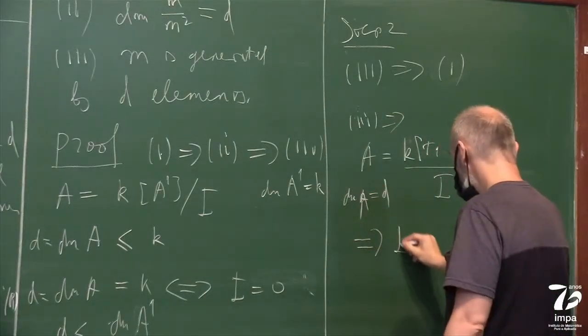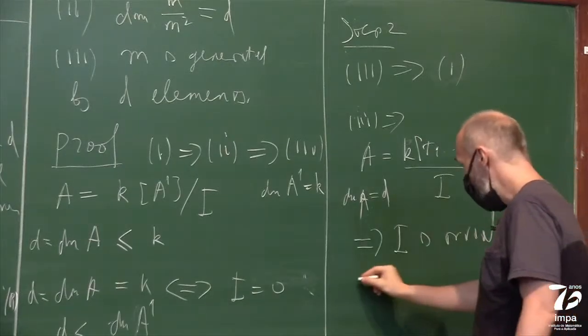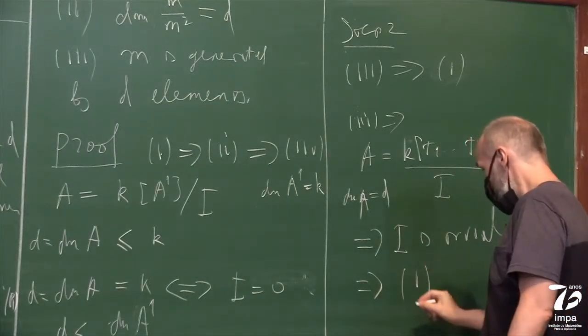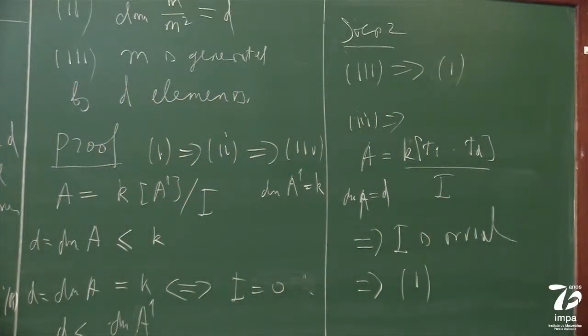Okay, then I is trivial. And this implies that this associated graded ring is a polynomial ring. Was I clear? Do you have any questions, comments? Should I repeat anything? Was it completely clear? No?